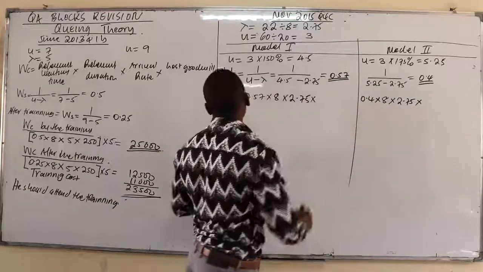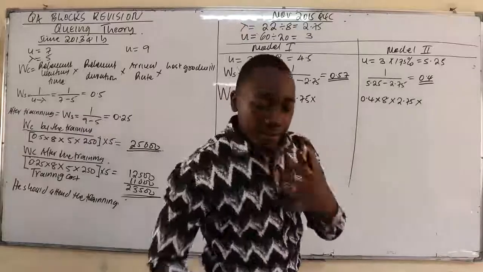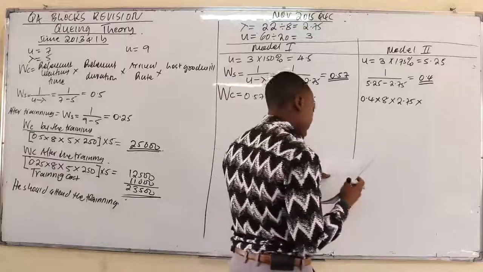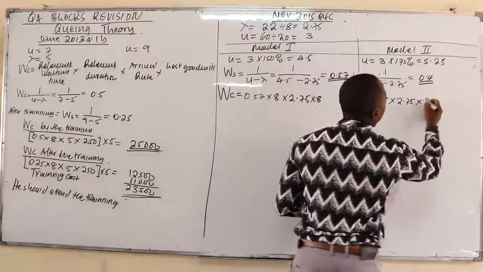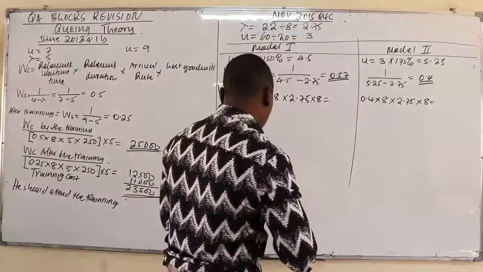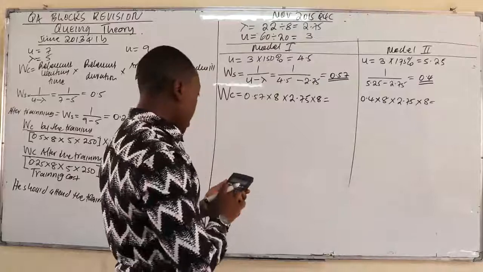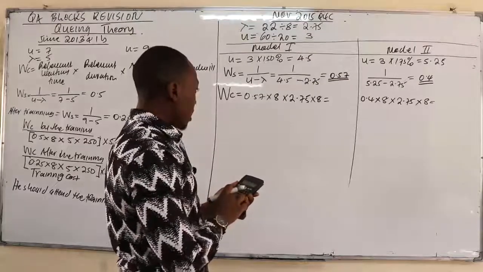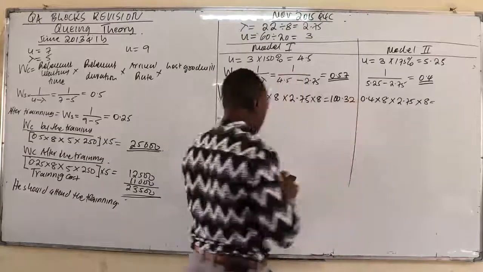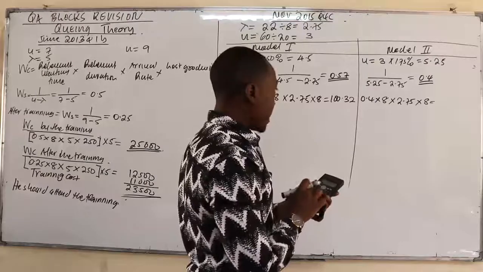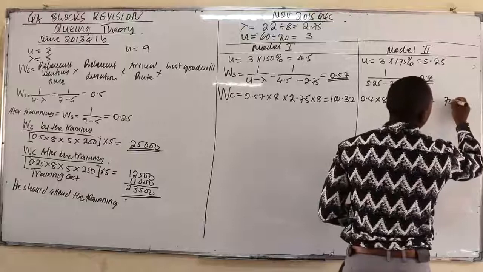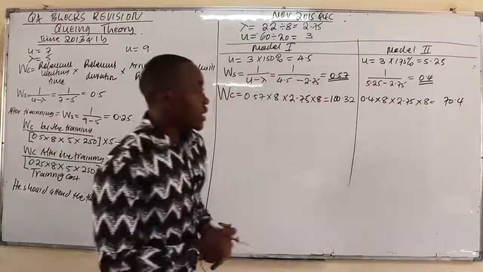And lastly you multiply by the lost goodwill. Any letter not typed, it costs how much per hour? Yeah, 8 shillings. So we get the waiting cost. So how much is the waiting cost? 0.57 multiply by 8, multiply by 2.75, you multiply by 8. Here you have 100.32. 0.4 multiply by 8, multiply by 2.75, multiply by 8, and you get 7.4. That's the waiting cost.